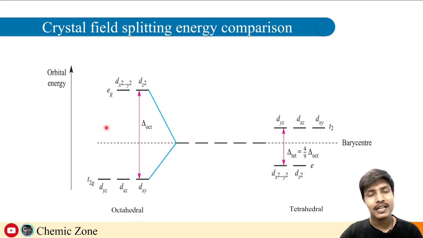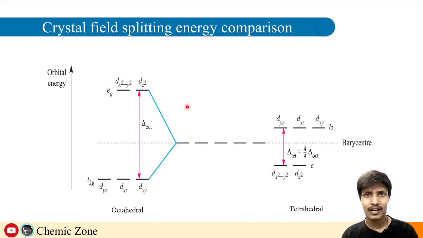Now we are going to compare the splitting energy of octahedral complex and tetrahedral complex. In the octahedral complex, the axial orbitals are exactly pointing towards the ligands, so their repulsion is greater compared to the tetrahedral complex, where the non-axial orbitals are not exactly pointing towards the ligands.